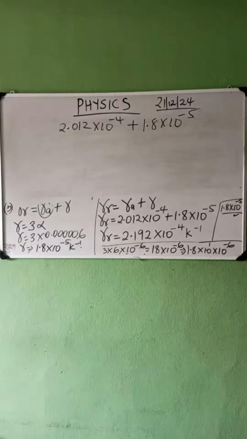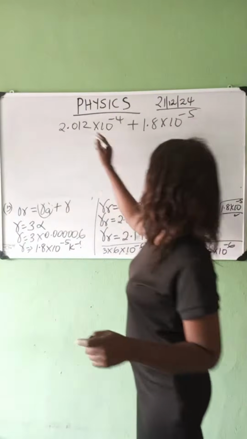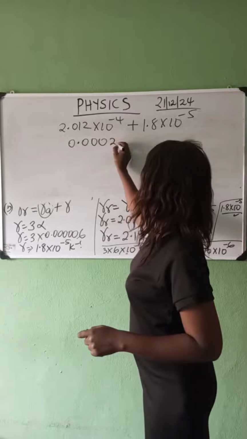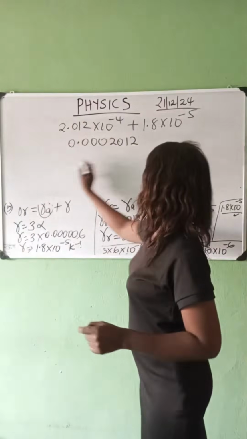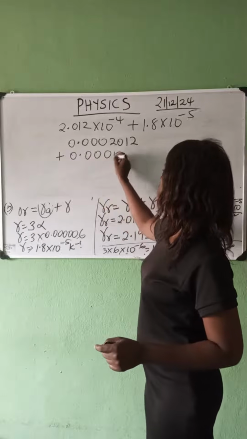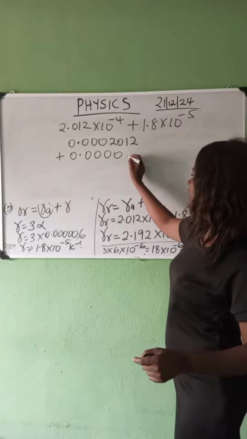This is the same thing as saying 0.0002012, okay? All right. Plus 0.00001 8.